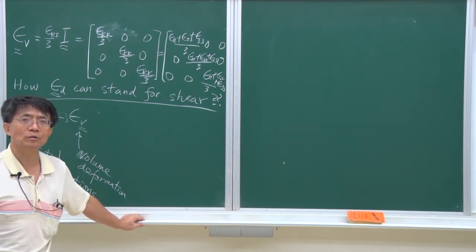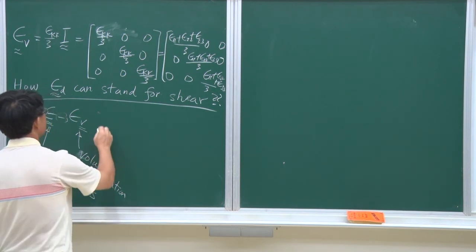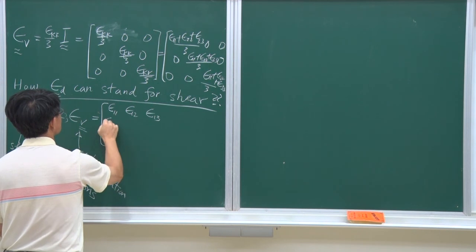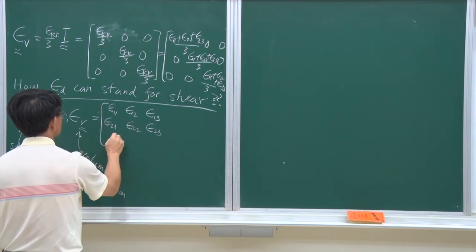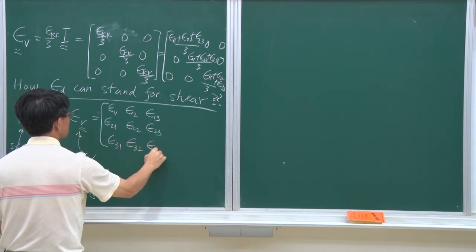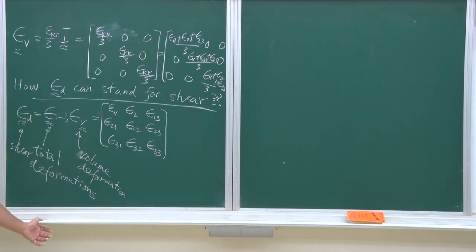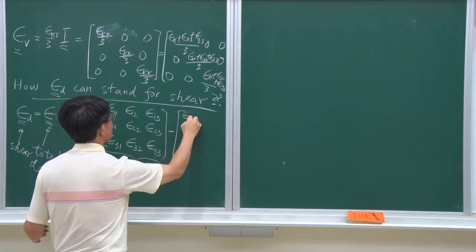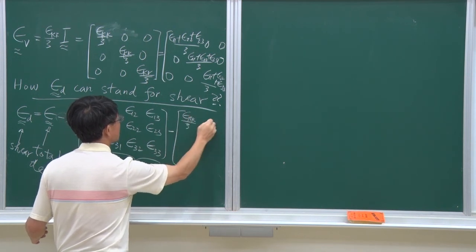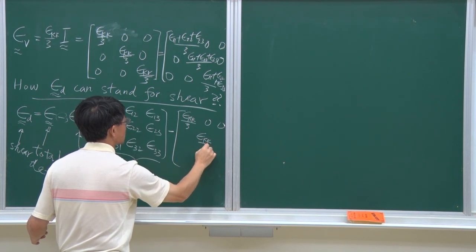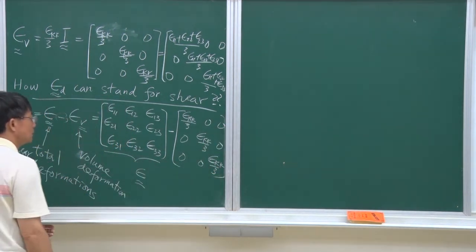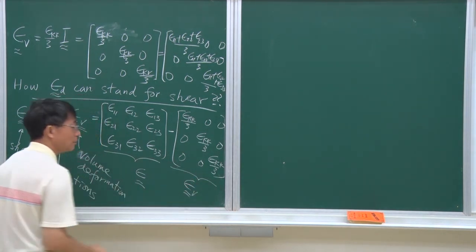So I want to convince you by more rigorous calculations. By doing this, I first write down the expression of epsilon and then minus the volumetric strain.